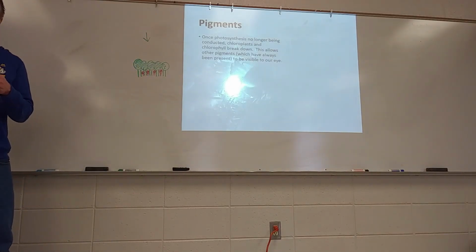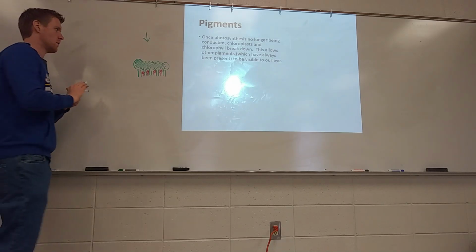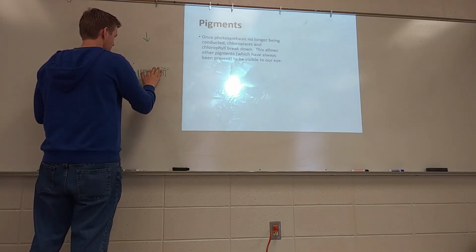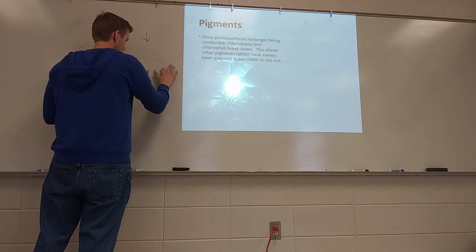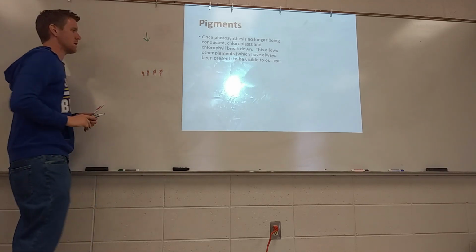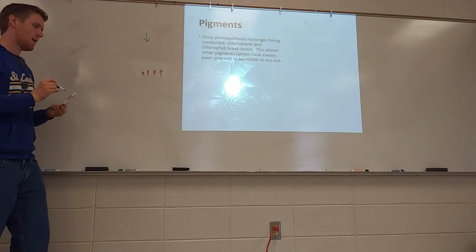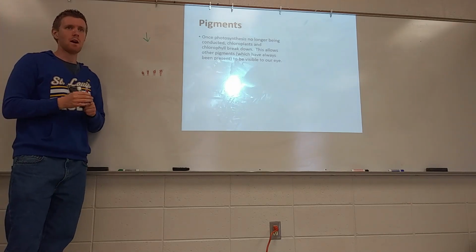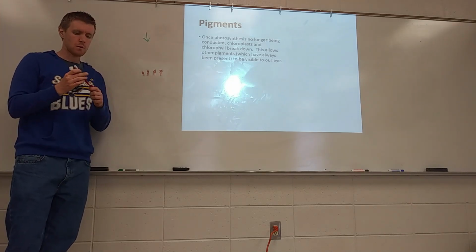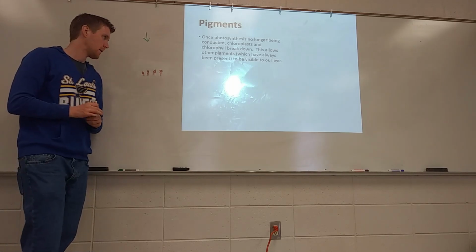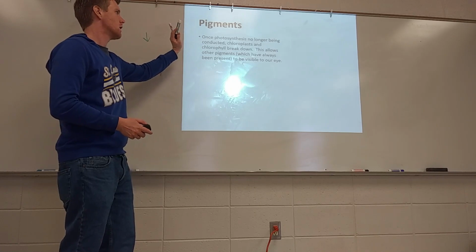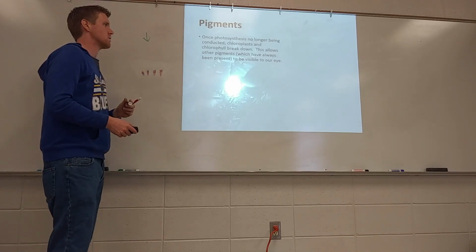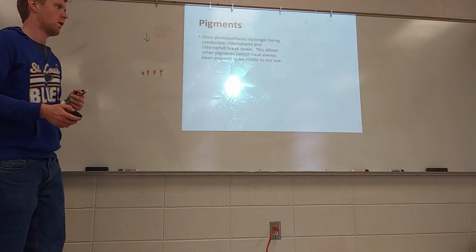From above, it's still going to look green. But if you get rid of all of the green in the fall, you'll see that other pigment that has always been there. And depending on what other pigment is there, that determines what color the tree is going to look like. So once photosynthesis is no longer conducted in the fall, chloroplast and chlorophyll break down, which allows other pigments to become visible to our eye.